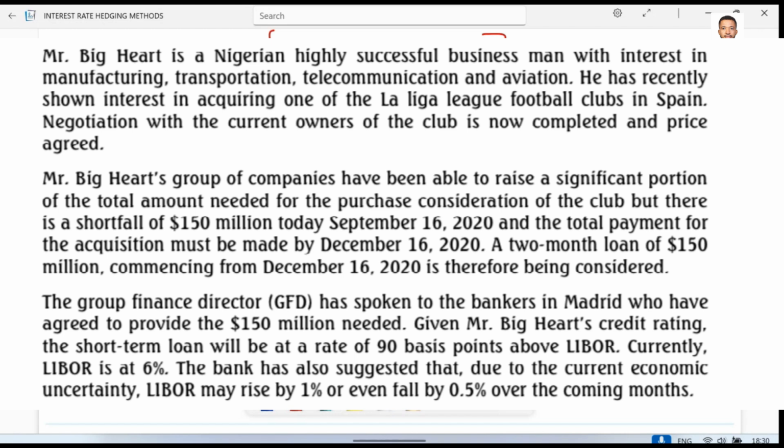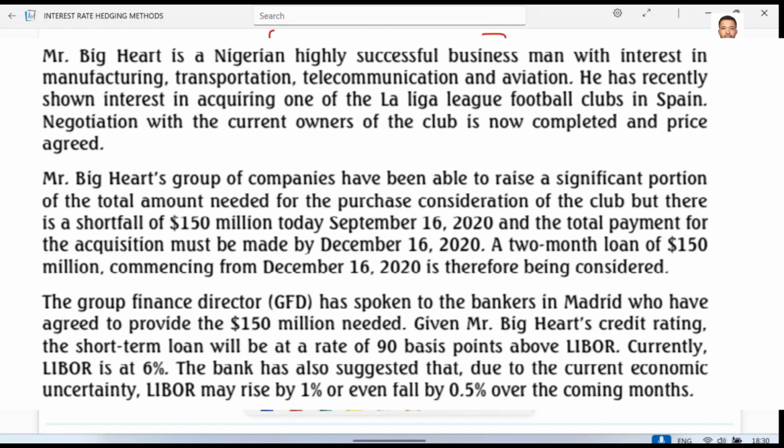Today, what is today's date? September 16, 2020. So there's a shortfall. Is it an investment or is it a loan? It's a loan. They want to buy something, they raise something, and then there's a shortfall. That's a loan. So we have our exposure already, and it's borrowing.